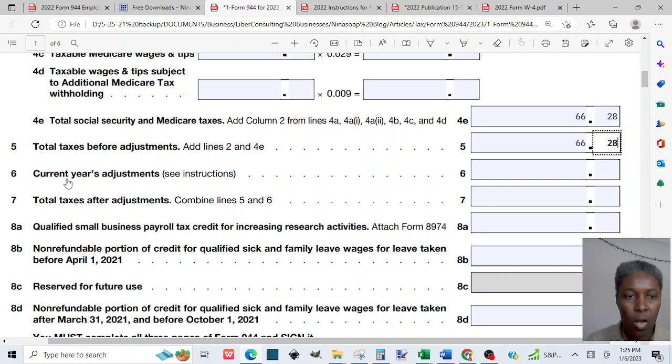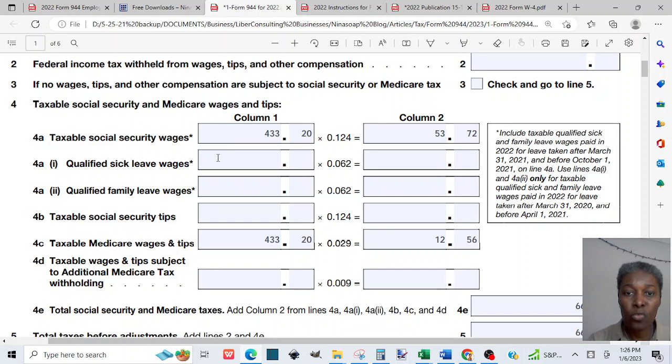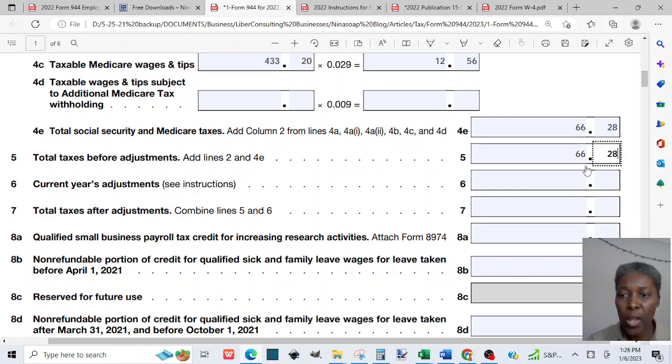So line 6, current year adjustment. What line 6 is about is if, due to rounding, the amount you actually withheld from your employee's salary for Social Security and Medicare is a little bit different from how much you should have withheld, it will be a plus or a minus entry on line 6, so that you can reconcile how much you withheld and how much the form says you should have withheld.